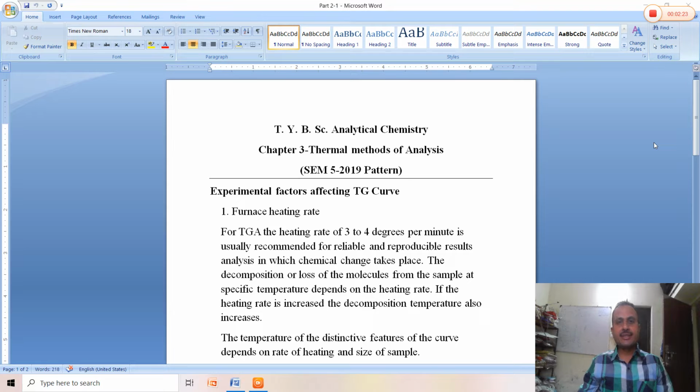If the heating rate becomes slow, then the decomposition temperature also becomes lower. The temperature of distinctive features of the curve depends on the rate of heating and the size of the sample.